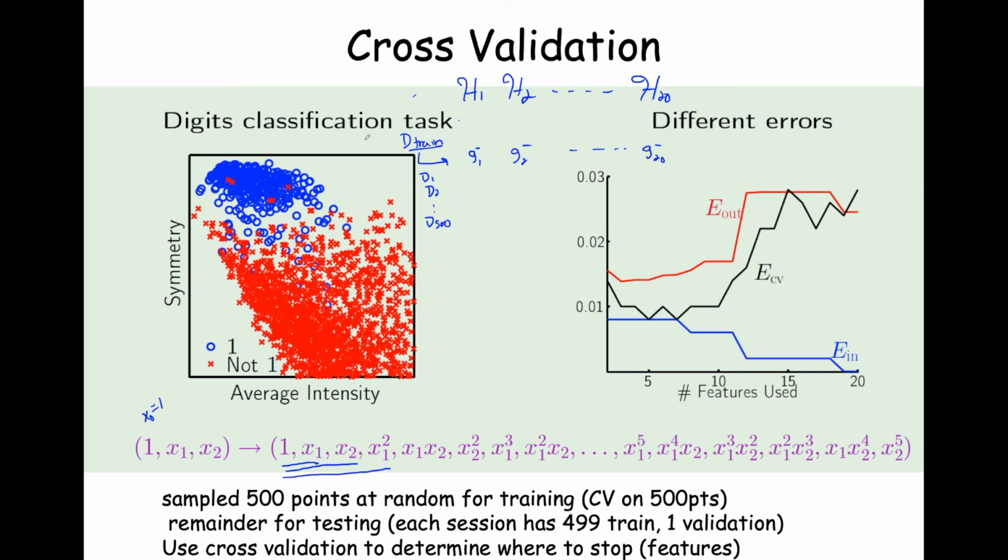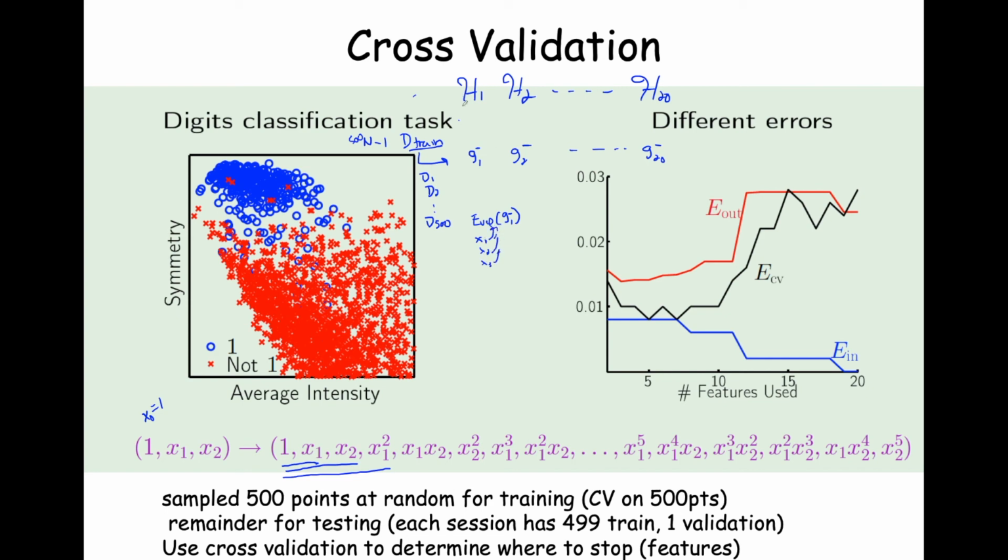So here, each D train is going to be of size n minus 1, where n is equal to 500. And now this validation error, when you compute eval of each one of these limited final best hypotheses, this one is going to input G1, X1, and then X2, and then X3 as that validation.